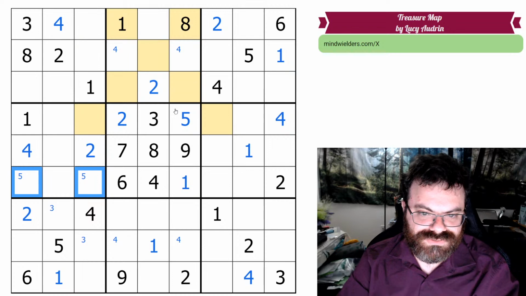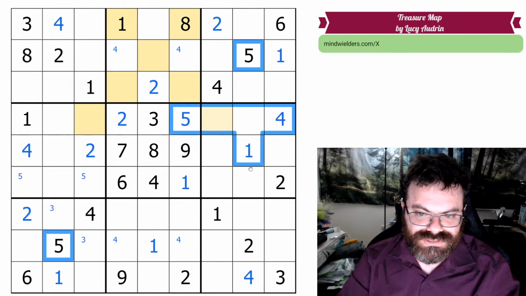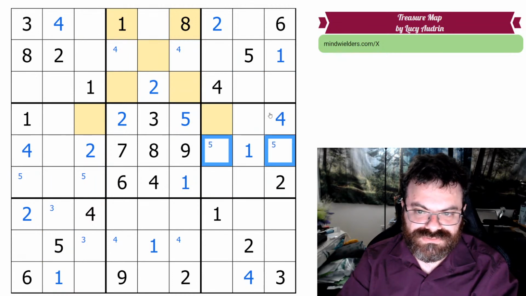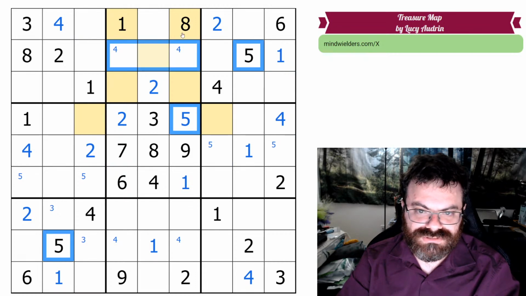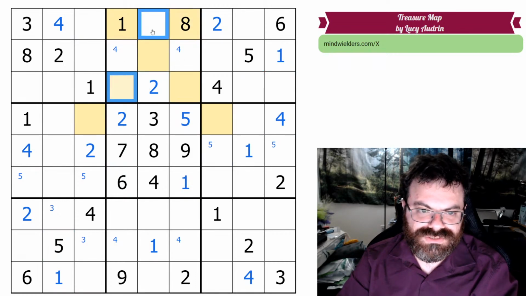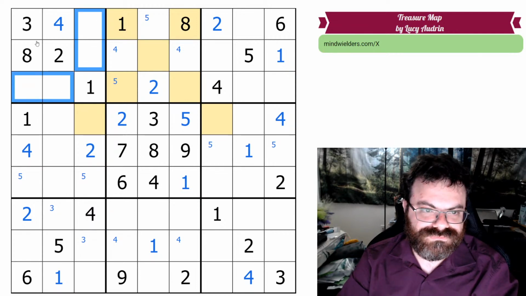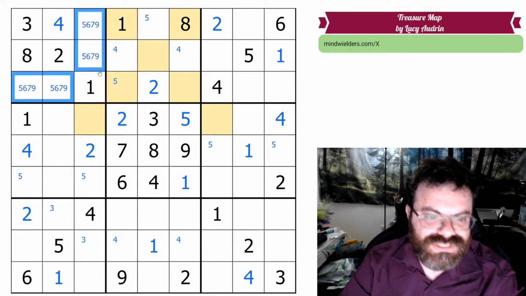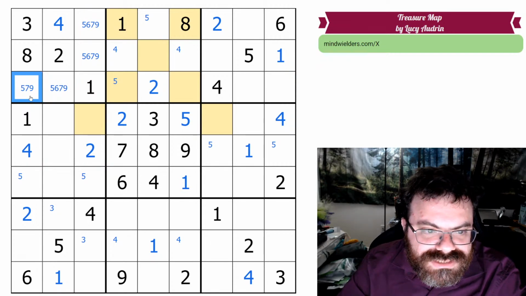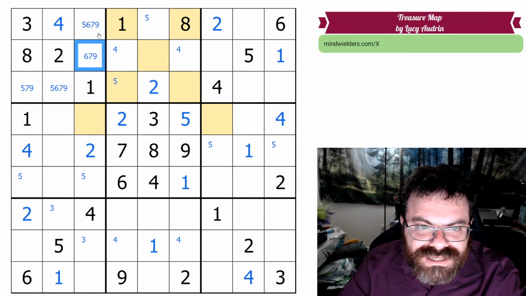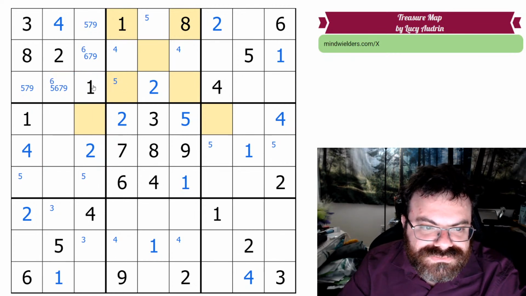5 is in one of these two. Means one of these two. One of these two. What are these? 5, 6, 7, and 9. That's not 6. That's not 5. That's not 6. 6 is one of these two.